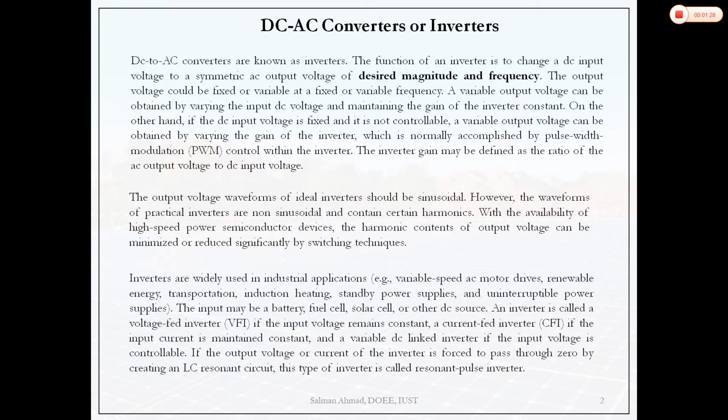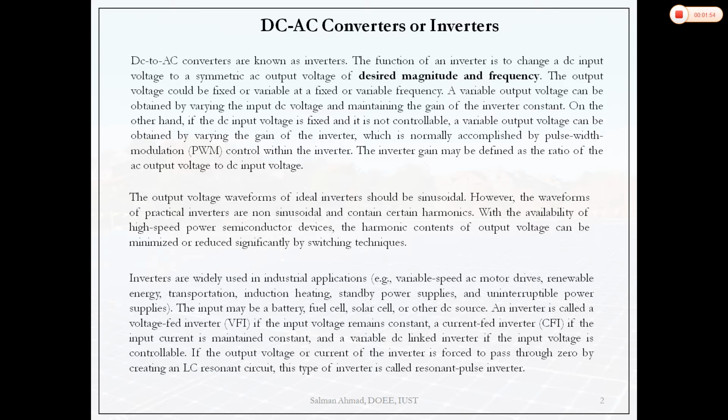Okay, in some applications you will find that you are getting a variable DC, like power from the photovoltaic system. There you will get a variable DC voltage, and if you require to inject the photovoltaic power into the grid, you will require to keep fixed AC.